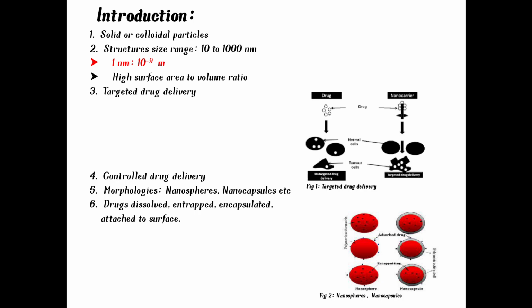In the normal cell also some quantity of drug gets accumulated, and a very small quantity of drug reaches the targeted cell. Here the targeted cell represents some tumor cell in our body. That means the drug also gets accumulated in the normal cell, which results in an increase in side effects of the drug.